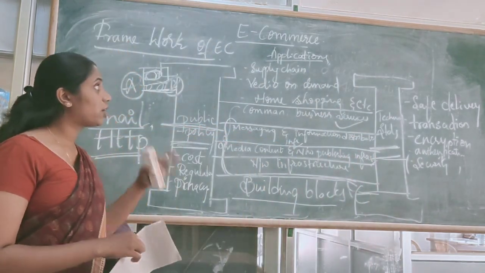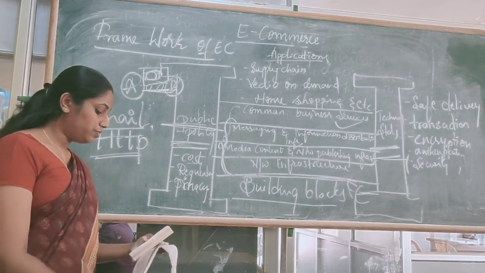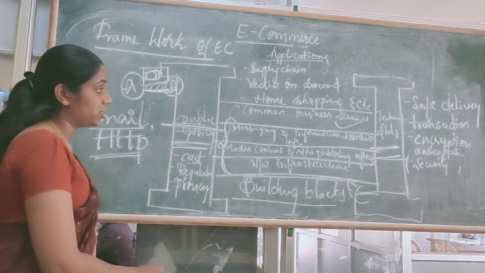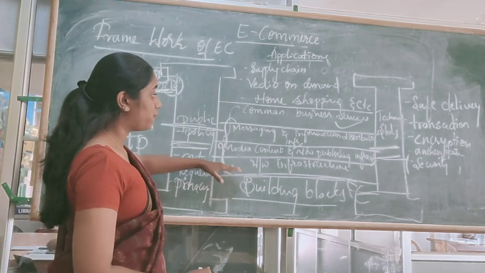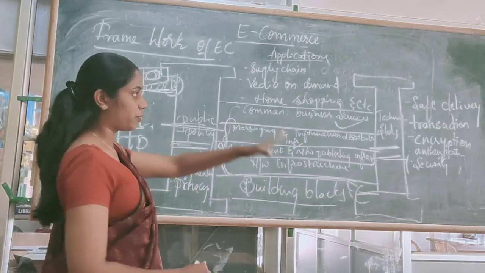So what is the framework? The framework of electronic commerce has 4 building blocks and 2 supporting pillars.